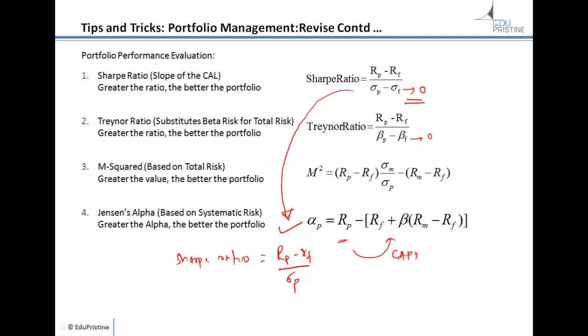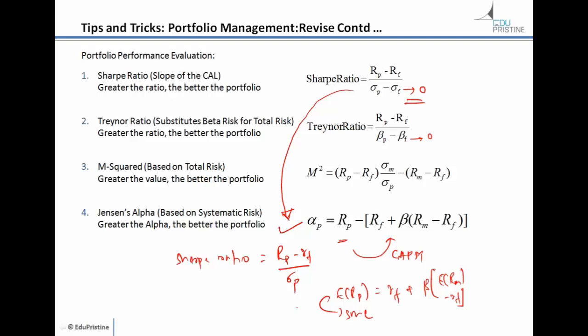The CAPM model is E of Rp equals Rf plus beta times E of Rm minus Rf. So this is nothing but the SML equation. If I am able to generate a return which is greater than the SML, then that is my Jensen's alpha. And similarly, I have the M squared return.